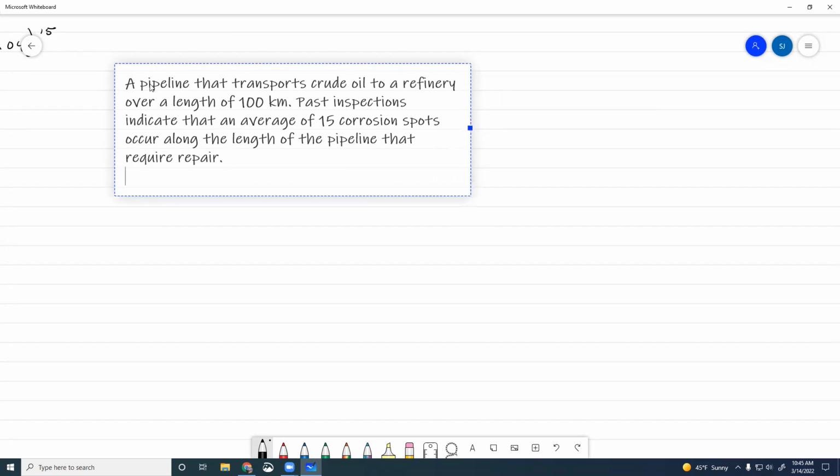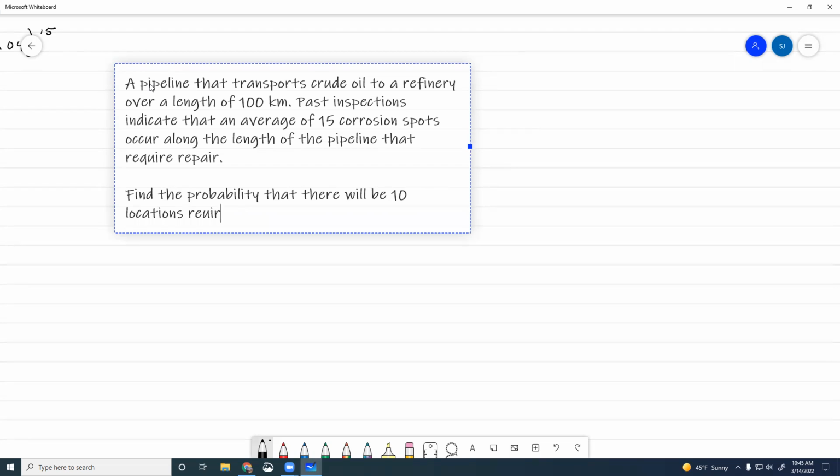So the question then is, find the probability that there will be 10 locations requiring repair in the next inspection.